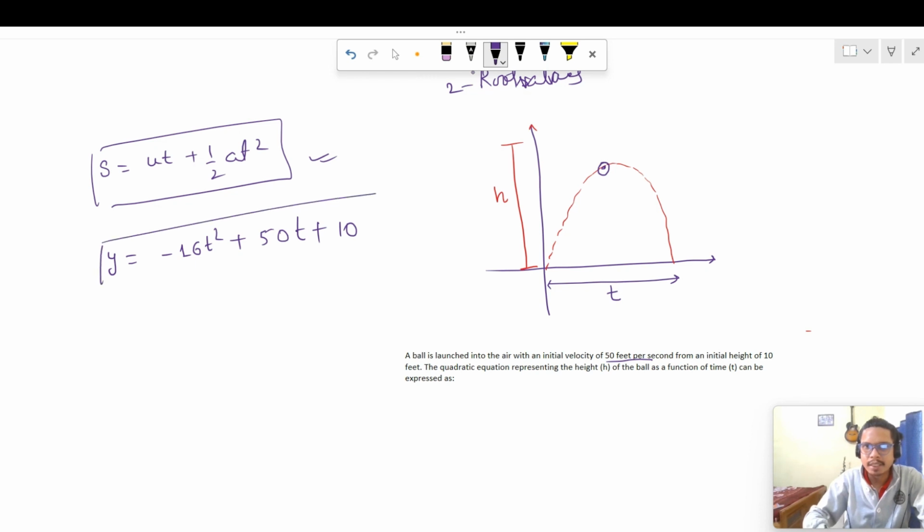In this relation, you can see that 10 is a constant value, and this is from the question. And where does this negative 16t² part come from? Just try to understand this part. When we throw a ball into the sky, a number of parameters come into play. Gravity is one of them.